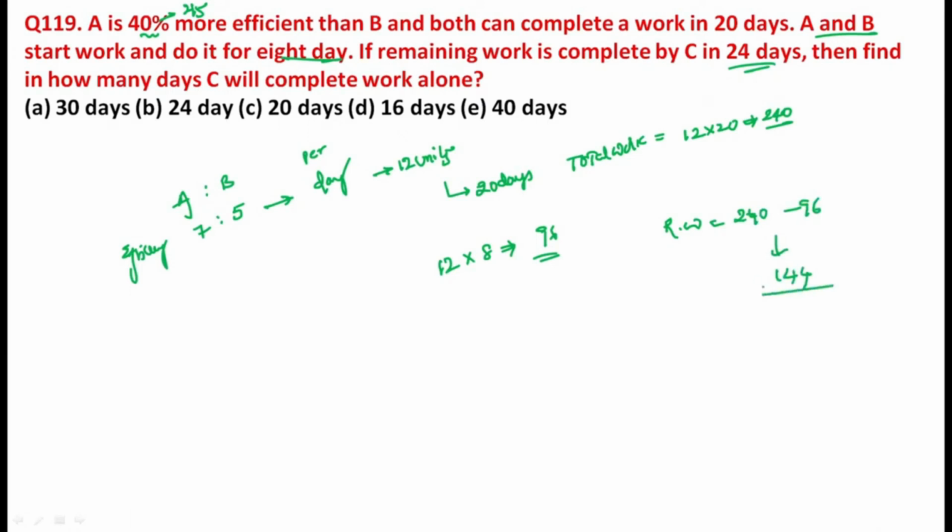Now these 144 units are done by C in 24 days, so C's efficiency is 6. The question: find how many days C will complete the work alone. The total work is 240 and C does 6 units per day, so the whole work is completed in 40 days.